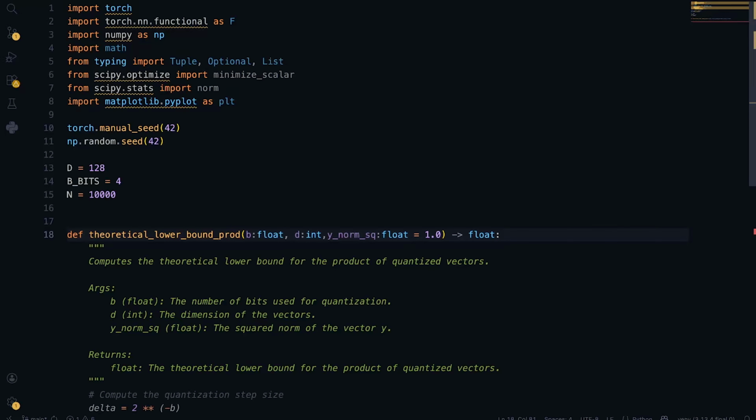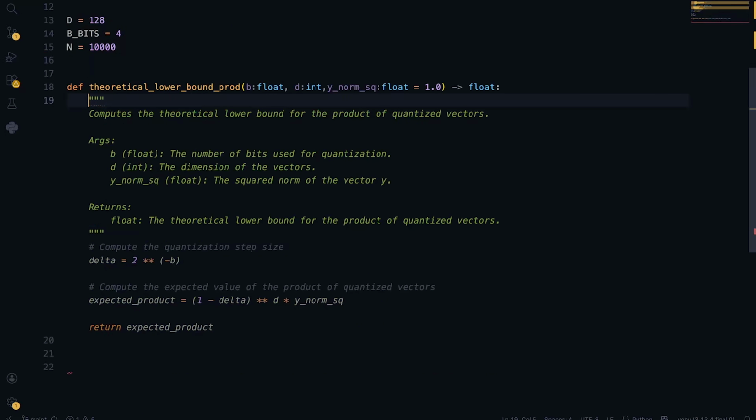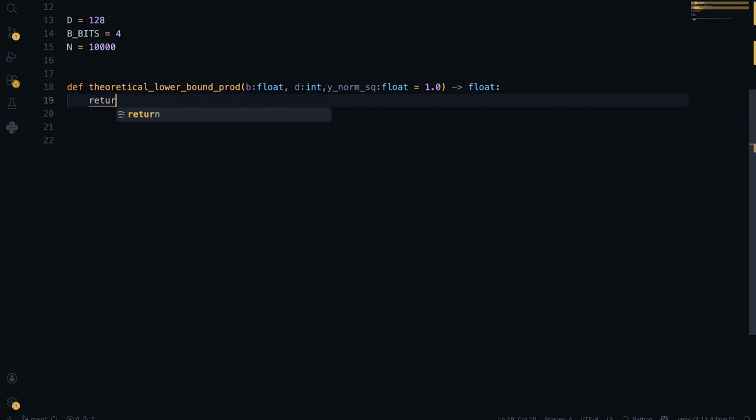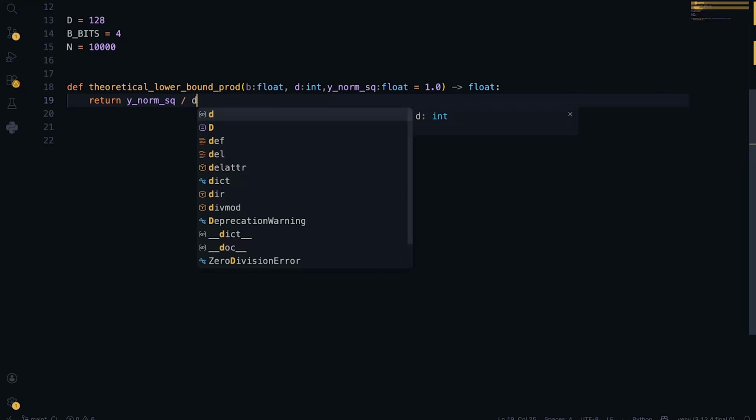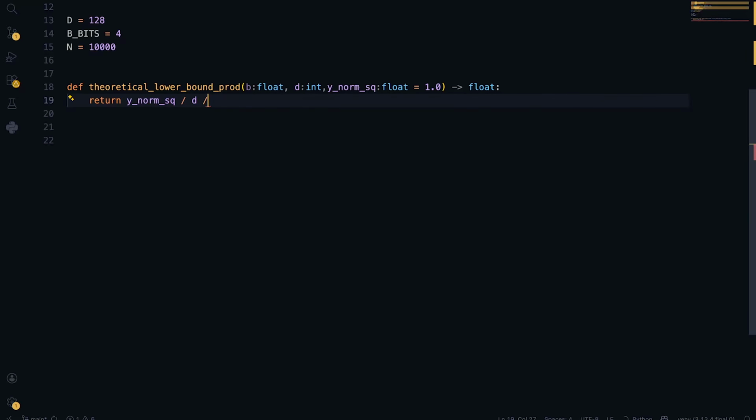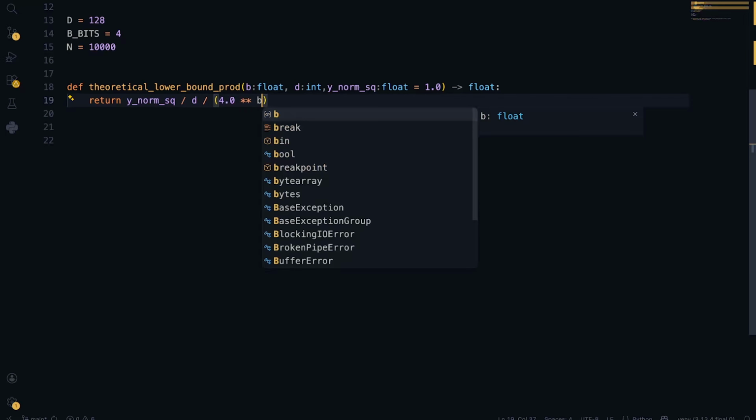And this will have a return value of y norm squared divided by d, divided by 4 to the power of b, that is the bit width.